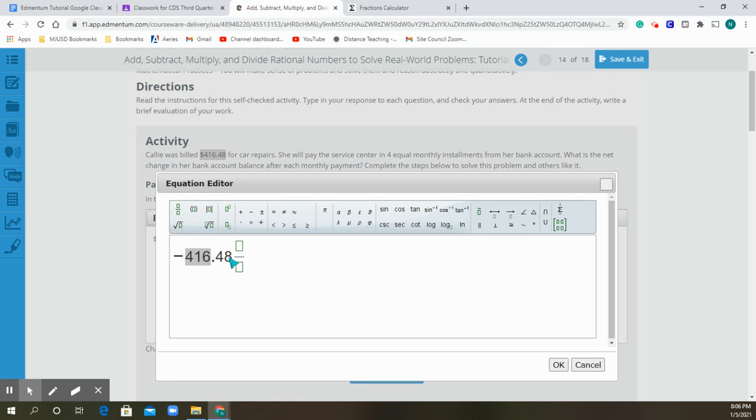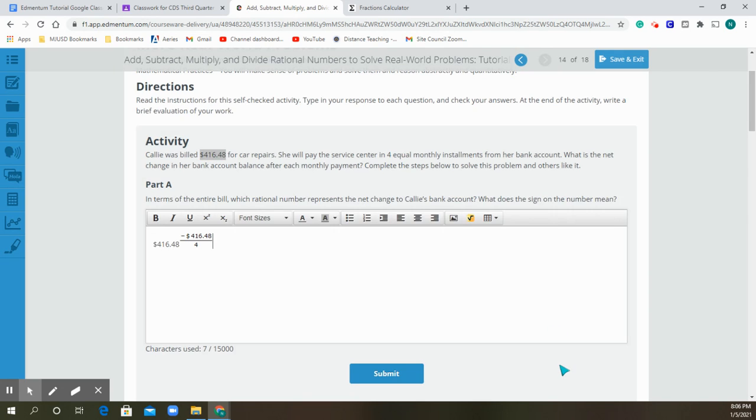I made a mistake here. So $416.48 over 4 payments. And it is minus. All right. So I know that looks really weird, but she's going to pay a total of $416.48 literally over the course of 4 payments.